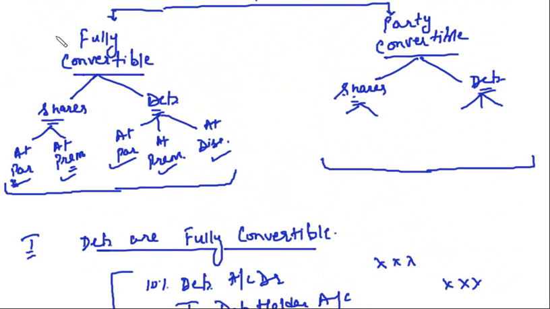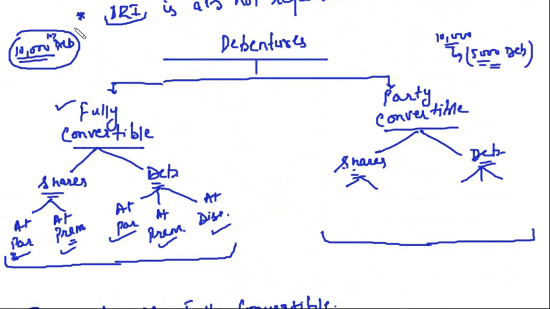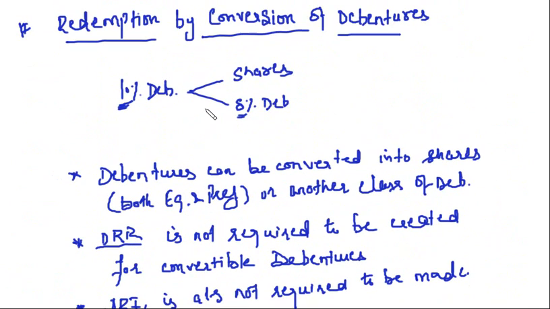So that means we have discussed the debentures that are fully convertible. Right? This partly convertible debentures we'll do in the next lecture. So in this lecture what we have done, we have seen how the debentures are converted into either shares or the debentures. So that is redemption by conversion of debentures.